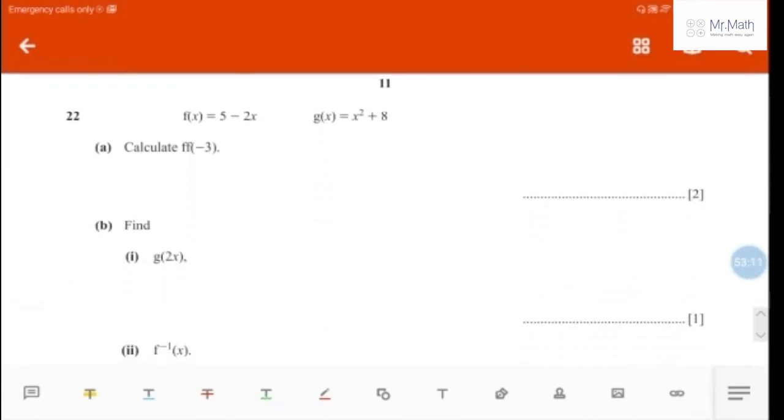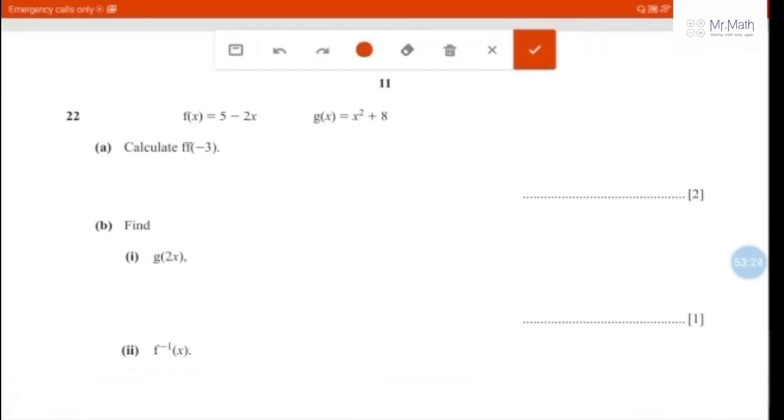Now in question 22, I'm given two functions, f of x and g of x. So f of x is 5 minus 2x, and g of x is x squared plus 8. And in part A, I have to find f of f of negative 3.